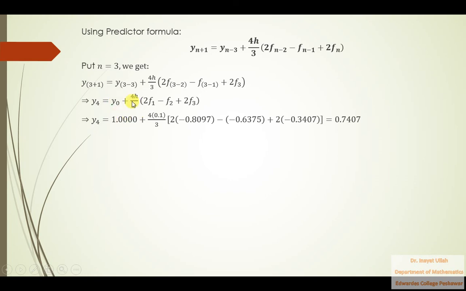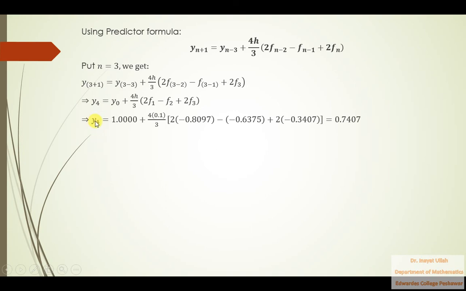We see that h is 0.1 from the table, because x0 is 0.0, x1 is 0.1, and x2 is 0.2, so the step size is 0.1. So h is 0.1. Replacing h, replacing f1, f2 and f3 from the table, and calculating this sum, we will get 0.7407. That is the value of y4.